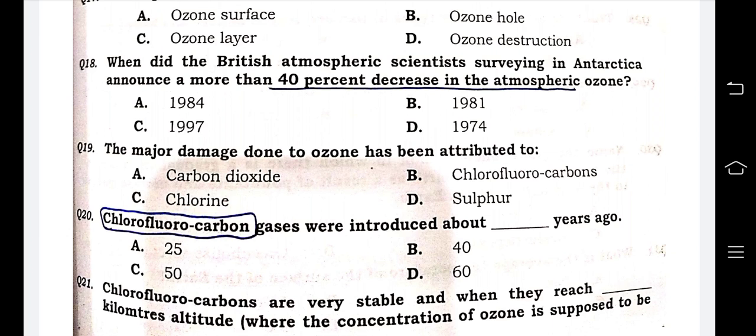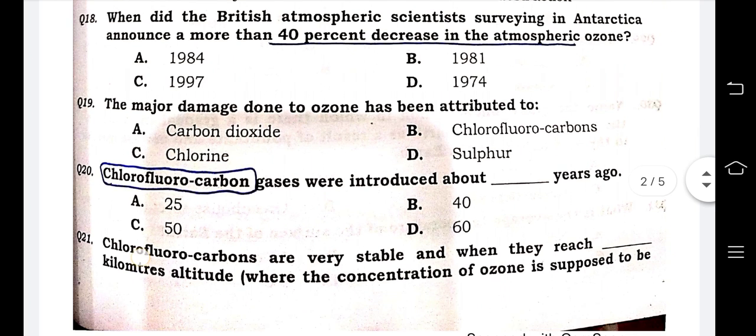So the major damage done to ozone has been attributed to chlorofluorocarbons, option B. Next question is, chlorofluorocarbon gases were introduced about dash years ago: 25 years ago, option A; option B 40 years ago, option C 50 years ago, option D 60 years ago. So chlorofluorocarbon gases were introduced about 60 years ago.